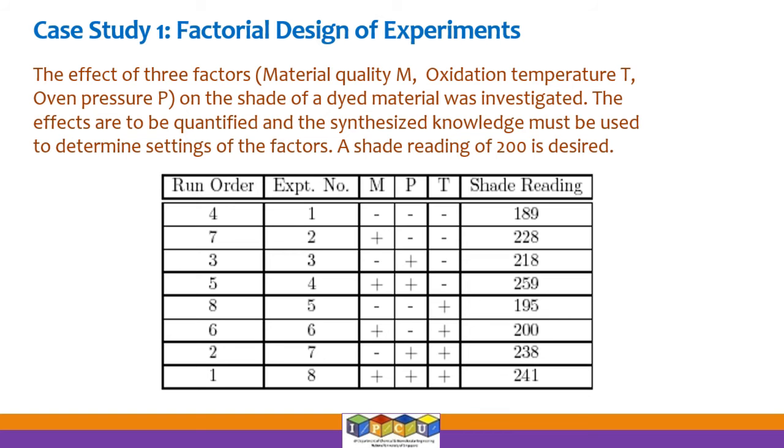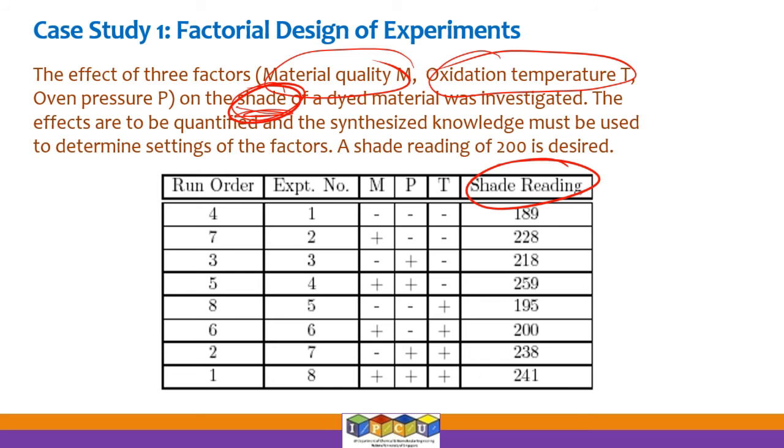So basically, the engineers or the scientists there have tried to narrow down on the number of factors that is going to affect the shade of the dyed material. So this is the output variable of interest. The shade reading is the output variable of interest, and the engineers feel that material quality M, oxidation temperature T, and oven pressure P are the 3 factors.